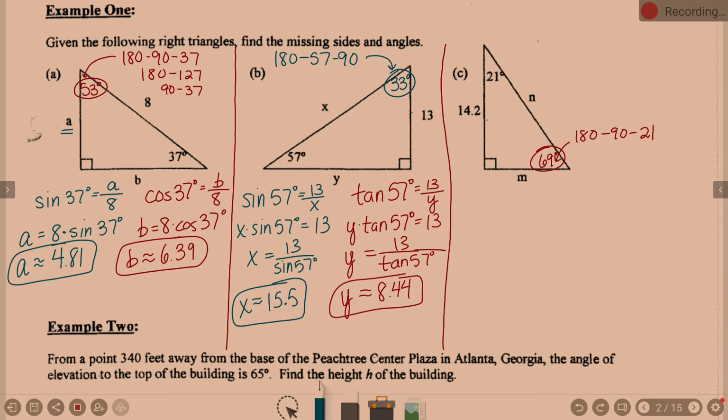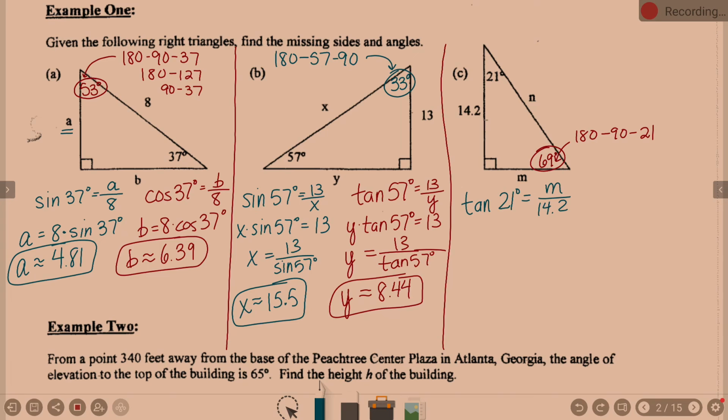If we're trying to find M, and M is either opposite or adjacent, and the 14.2 we know is opposite or adjacent, you're using a tangent function here, aren't you? Yeah. So tangent of 21 degrees is equal to M over 14.2. Or if you use tangent of 69, you have 14.2 over M, right?